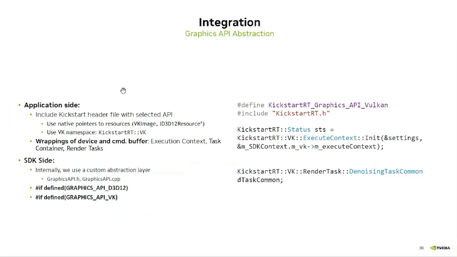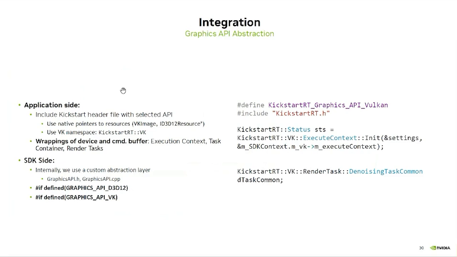Inside, on the SDK side, we have been thinking about how to approach this best. So there are some open source abstractions over most known APIs, which we could have used. But we realized that we are only using a very, very small subset of Vulkan and DX12 and 11. So if you think about it, we're just injecting some compute dispatches on the command buffer and possibly binding some resources. We don't have to deal with swap chains and presence and anything like that.